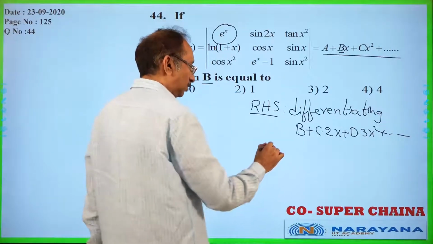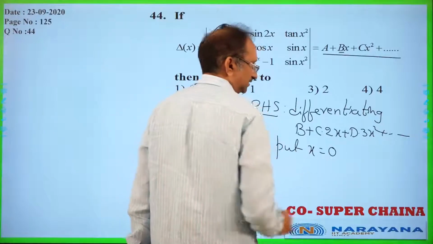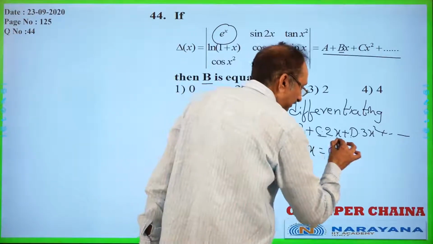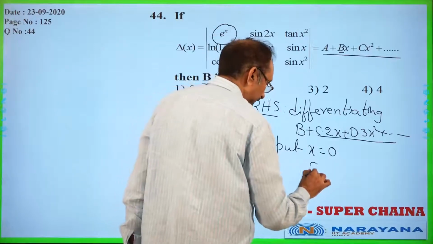And now put x is equal to 0. All the terms from this will vanish. So you will get only b.